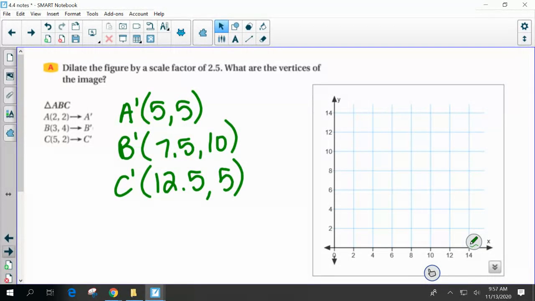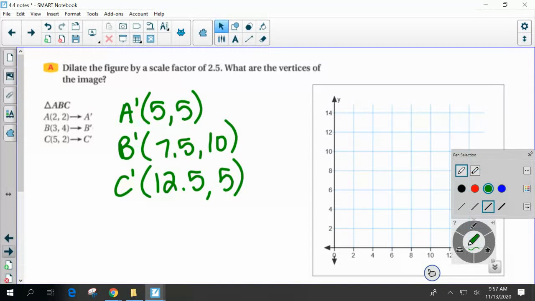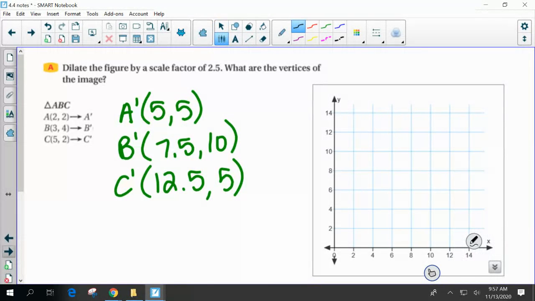So, okay, now we're not going to graph both of them every time, but for the first one, we're going to do that. So we're going to graph the original and graph the prime. I'm going to graph the original first, and you want to label with ABC and A'B'C'.